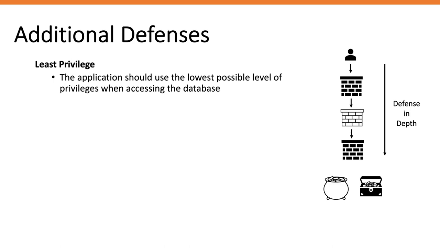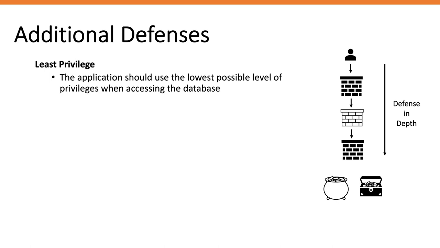The application should use the lowest possible privileges when accessing the database. The reason behind that is, if SQL injection exists in your application and an attacker exploits it to gain remote code execution on the server that the database is installed on, then the attacker will gain the same level of privilege that the database is running with.